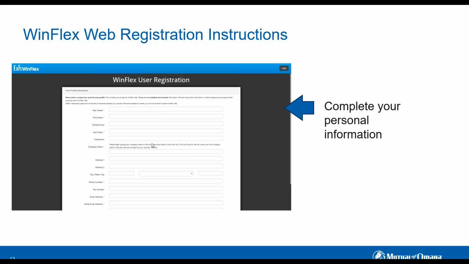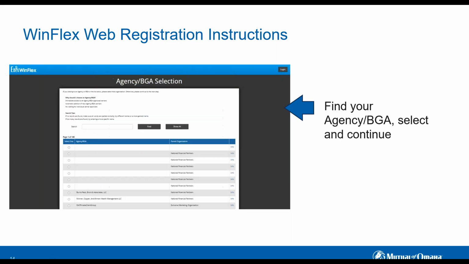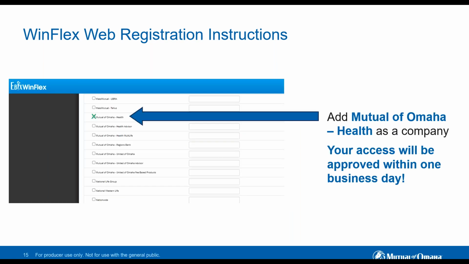All you have to do is fill out your profile, complete your information, find the agency that you're with, select it, and then hit continue. You're going to add the Mutual of Omaha Health product as the company. I ask you what company; you want to make sure you select Mutual of Omaha Health. You don't want the advisor and you don't want the multi-life.